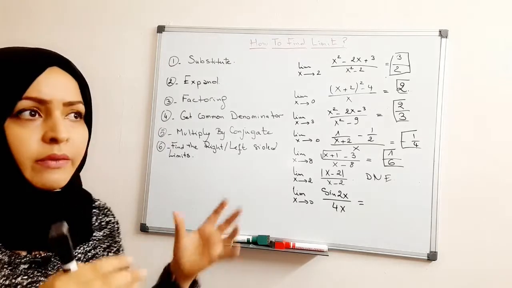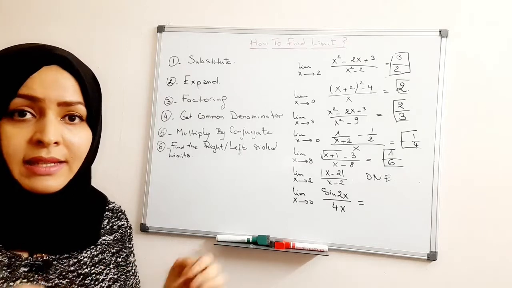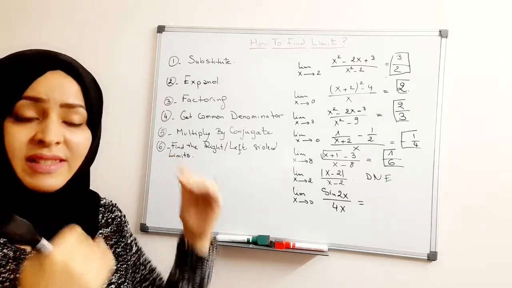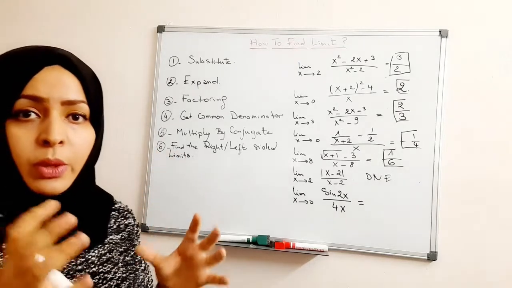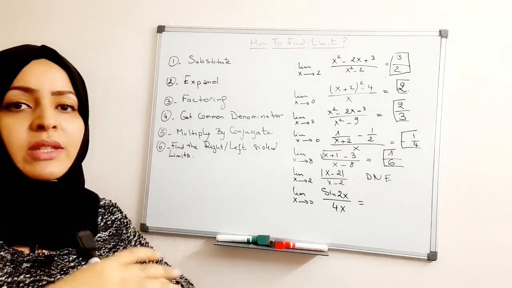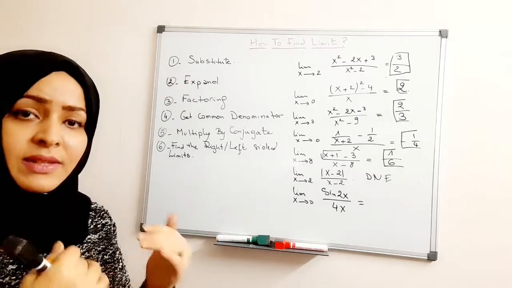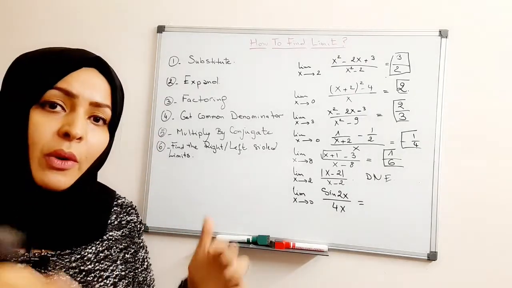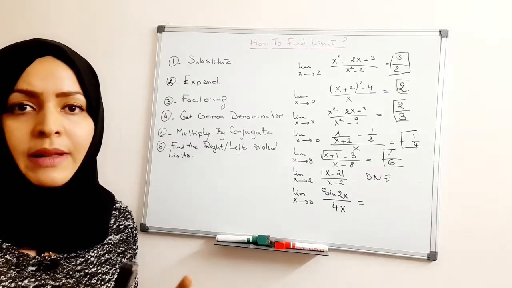If we have fractions, we try to get the common denominator to simplify the expression. If we have a square root in the denominator, we try to multiply by the conjugate again to simplify the expression before we can just substitute by the value.